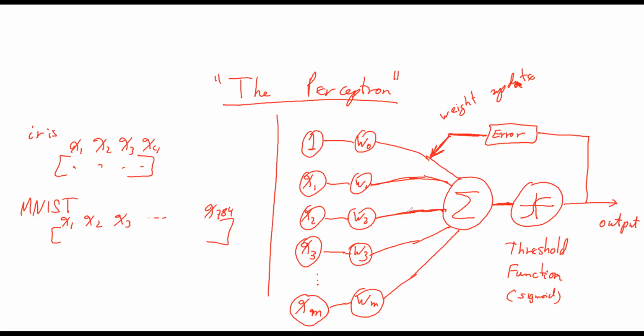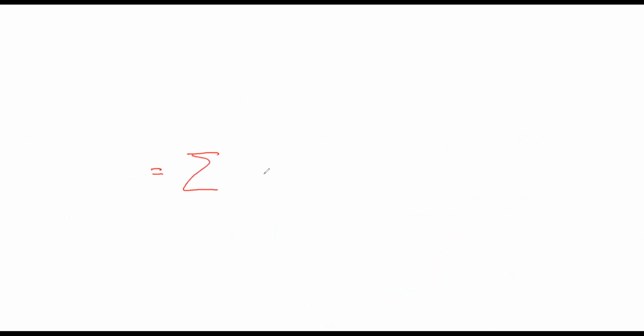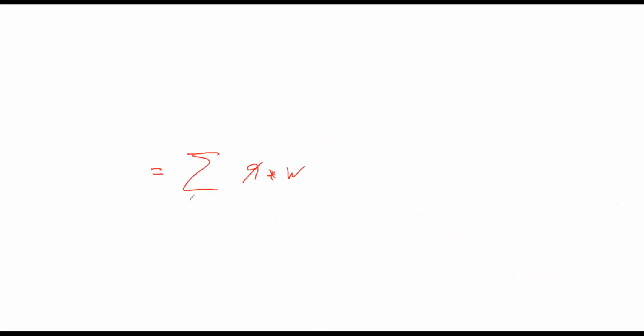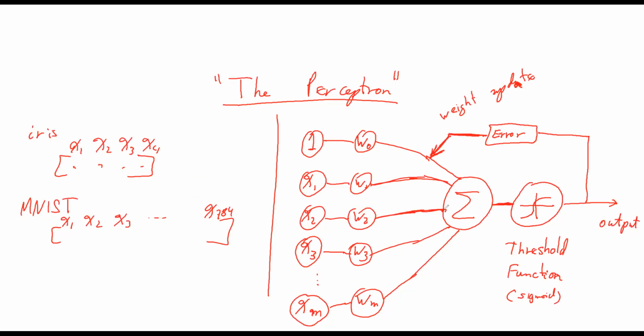So if you think about it, this little diagram can also be written in a different way, right? So it can be written as a sum of x times w, okay? And then if you look over here, you have an index that goes from 1 to m, right? So you got an i that goes 1 to m, and then these are i, right? And then that's basically the same thing. If you notice, that sort of gives you this value over here. So this value is what you get.